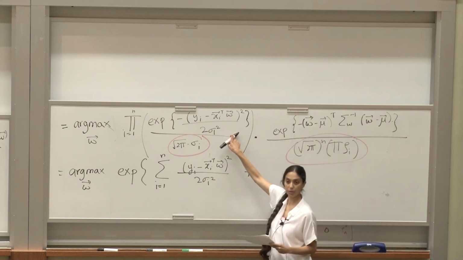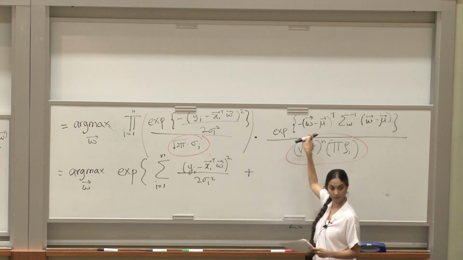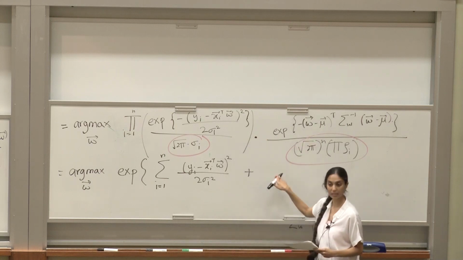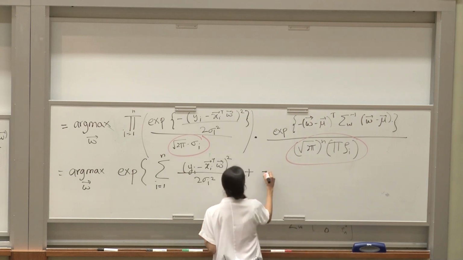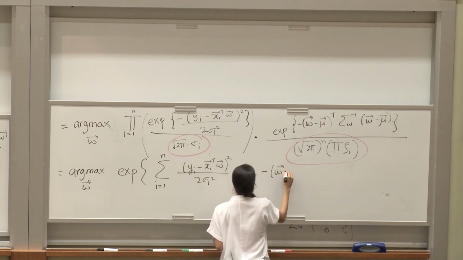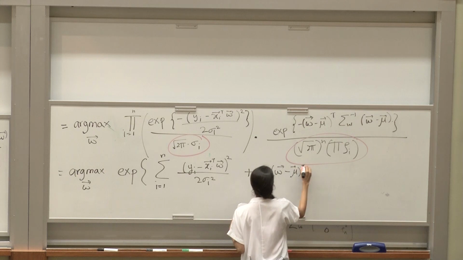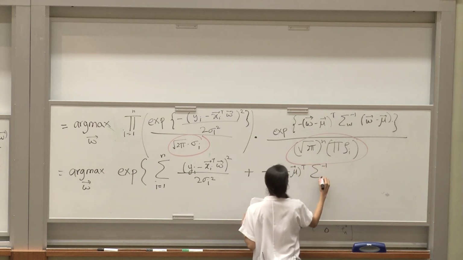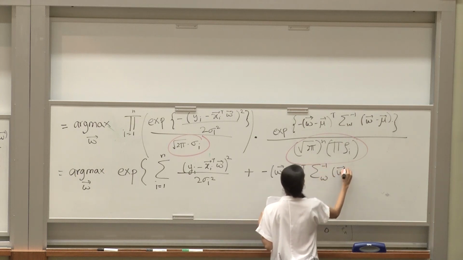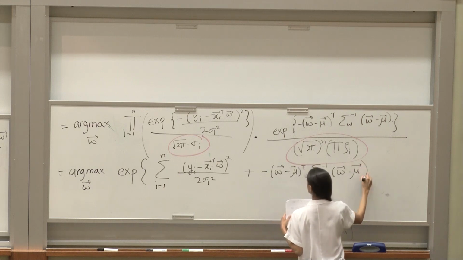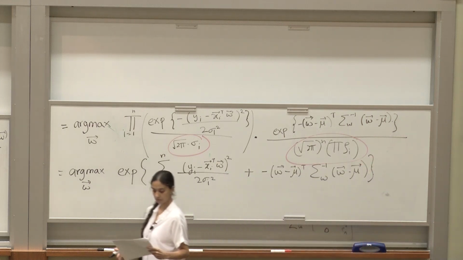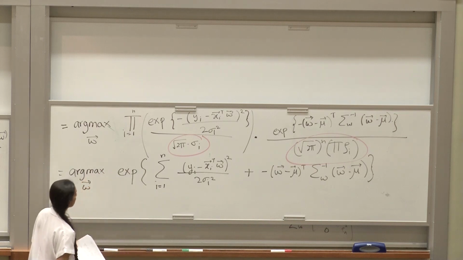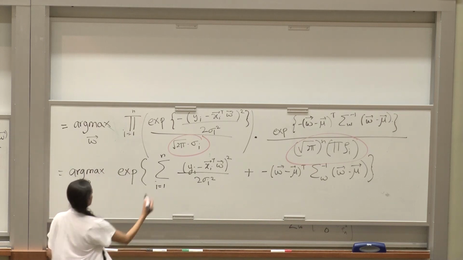This is a product of exponentials multiplied by another exponential, so it just gets added to this. Minus, yes, thank you.